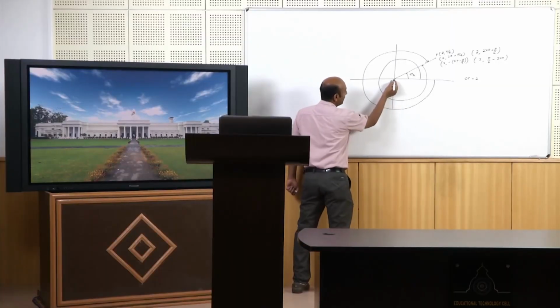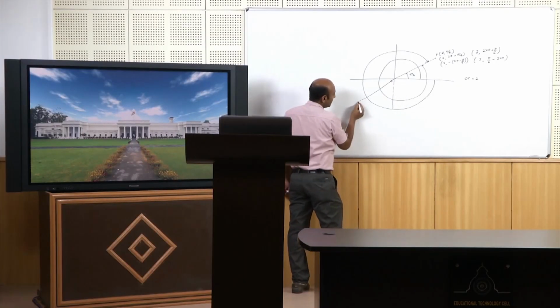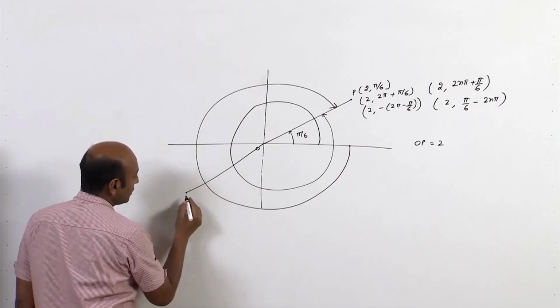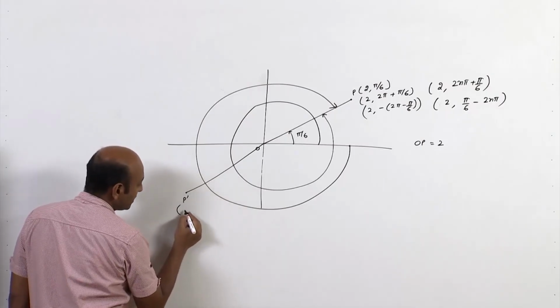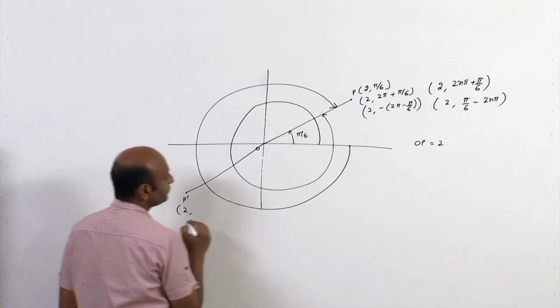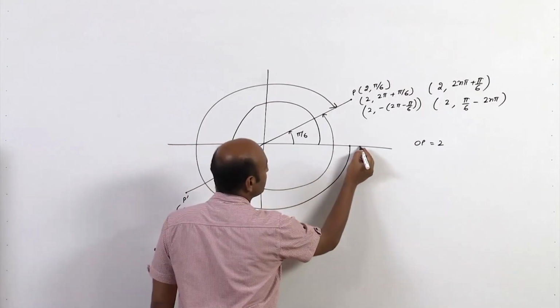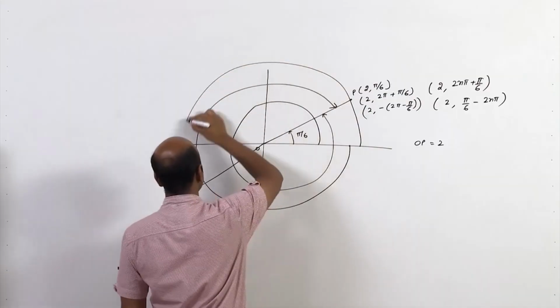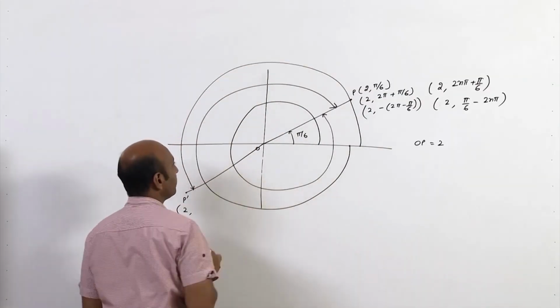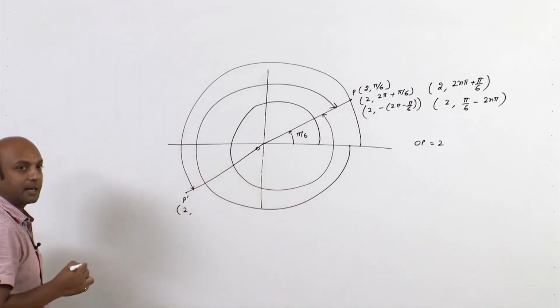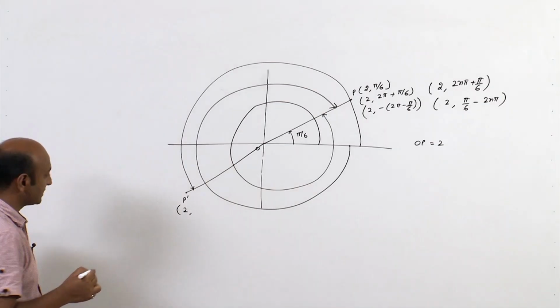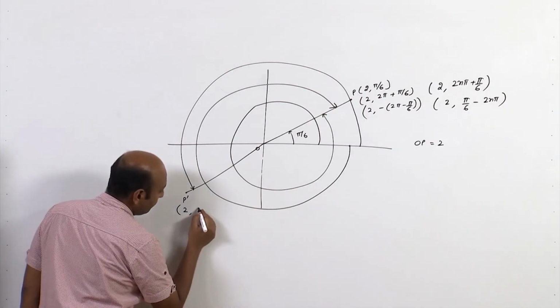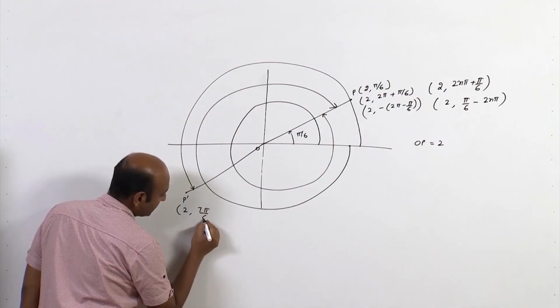Now, if we take a point here, at the same distance 2, say P dash, we can move to this point from the initial line in the anti-clockwise direction. So, this would be pi plus pi by 6, that is 7 pi by 6. So, this will be 2 comma 7 pi by 6.